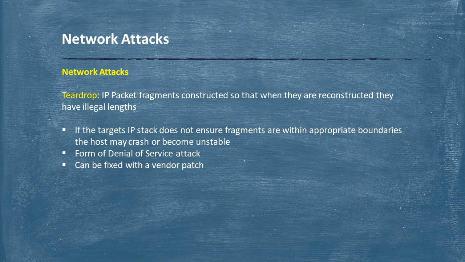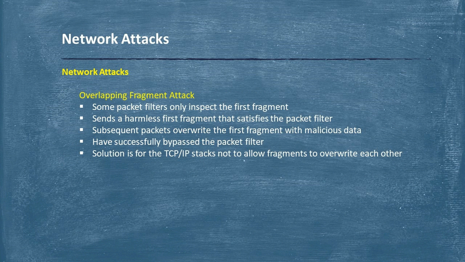If the target IP stack does not ensure the fragment is within the appropriate boundaries, the host may crash or become unstable. This could be a form of denial of service attack. We are going to see what a denial of service attack is in the subsequent slides. This can be fixed with a vendor patch.